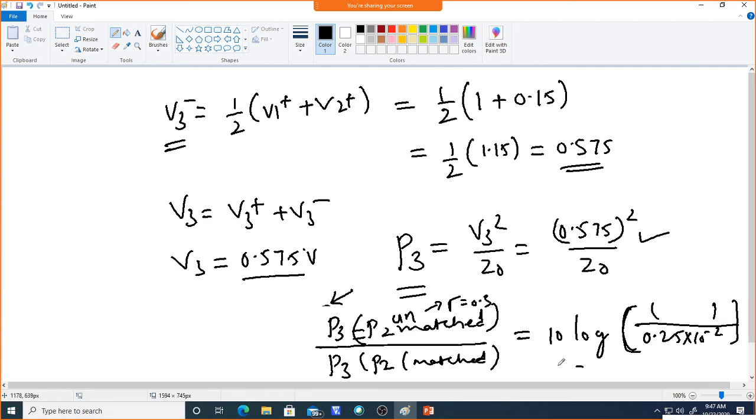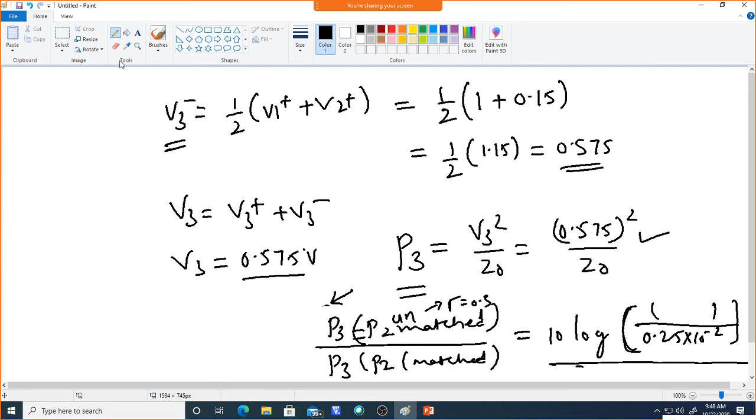So what is the value of the ratio? What is the dB value? How much dB value are you getting? You calculate and put the value, that is the ratio of the power delivered to port 3 when port 2 is unmatched and when port 2 is matched.